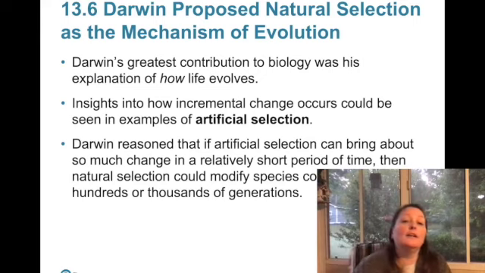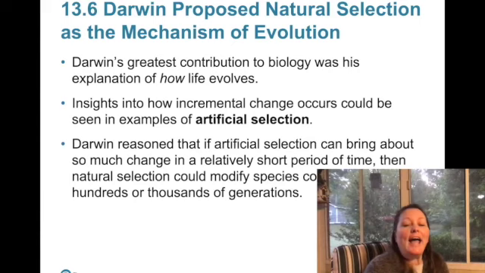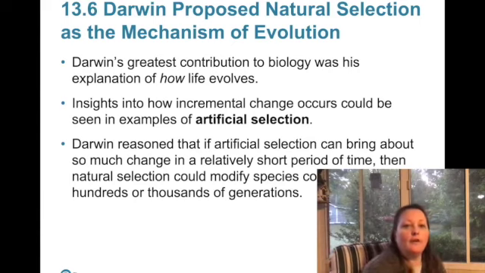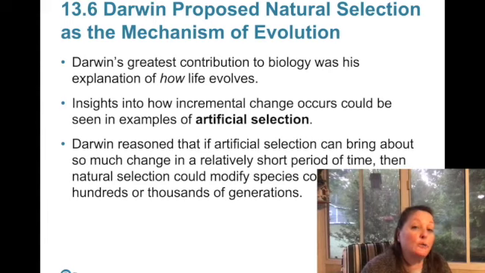Now, Darwin's greatest contribution to biology was his explanation of how life evolves. Not the fact that it does evolve, but how. He's the one who, again, said descent with modification. And he pointed out that we have little bits of changes and that we could actually do this with artificial selection.